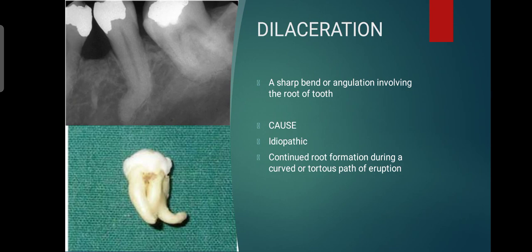Although occasional examples of dilaceration result from trauma during tooth development, most cases are the result of continued root formation during a curved or tortuous path of eruption. In some instances, the cause of the bent or curved root is idiopathic. Dilaceration can complicate tooth extraction, therefore, it is very important to always take a preoperative radiograph before extracting the tooth.